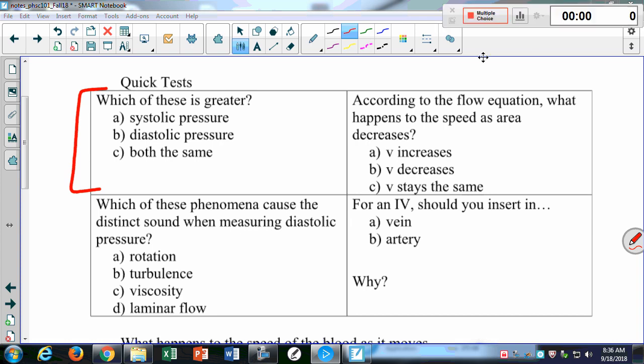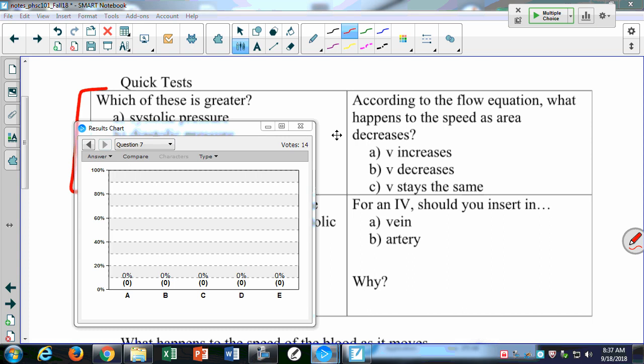Okay, according to the flow equation, what happens to the speed as area decreases? All right, good.